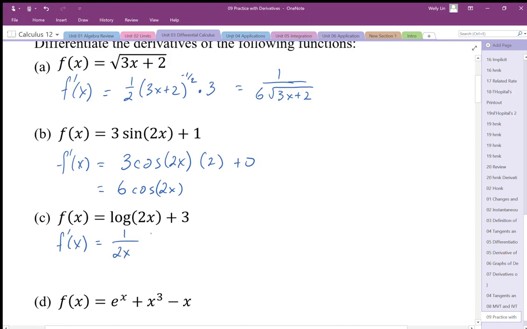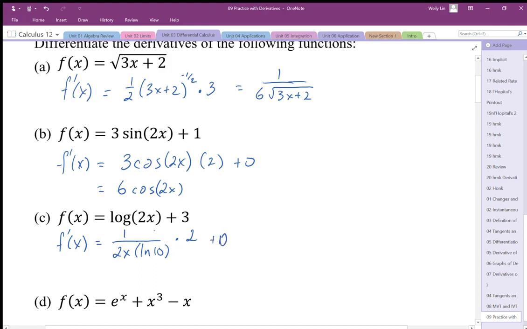Because the base is not base e, we have to account for that. So with logs, when we differentiate, we're going to divide by log of the base. And because of that 2, we're going to multiply by 2 because it's a horizontal compression. And then we get plus 0.